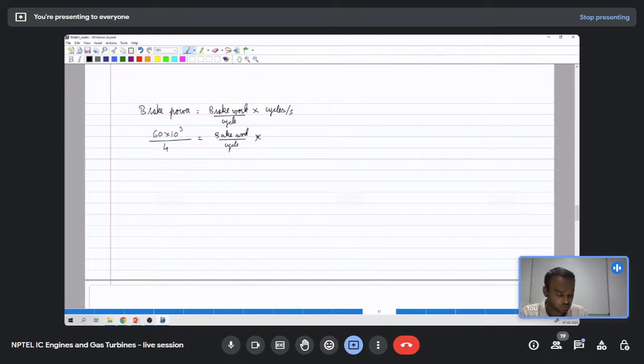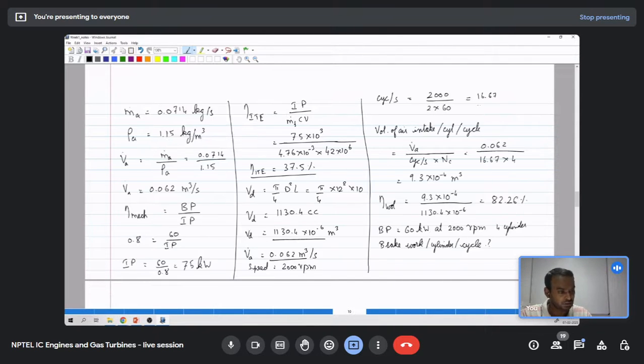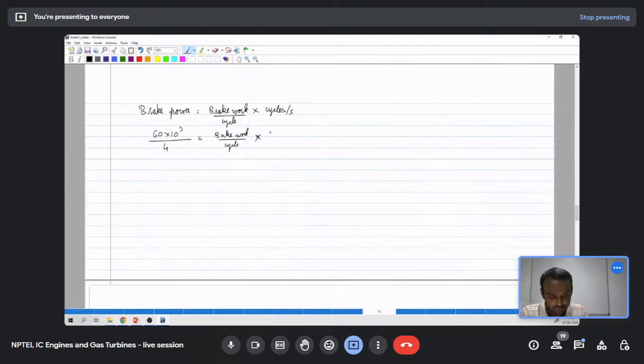So we had 2000 rpm, which was 16.67 cycles per second. So we can calculate brake work per cycle.